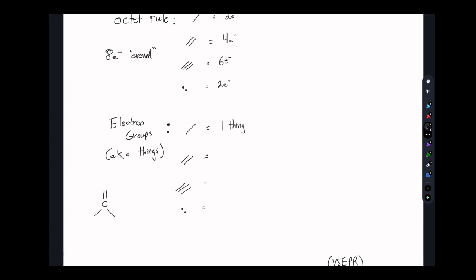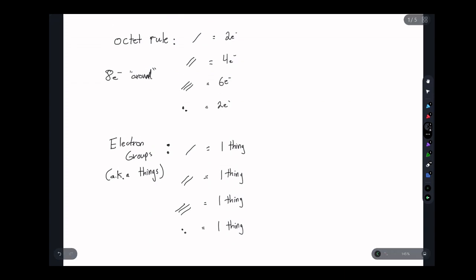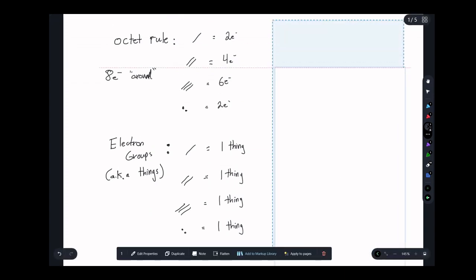If I look at this carbon, it has 3 things around it. It just so happens to be that one of those things is a double bond. So that's one thing as well. And at this point, you can probably see where this is going. Each of these things is just one thing. Seems kind of silly to say. Let's just quickly practice spotting electron groups before we move forward.